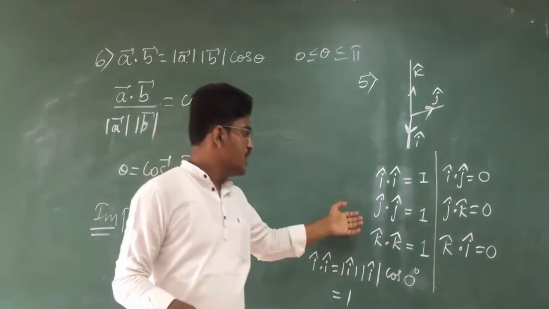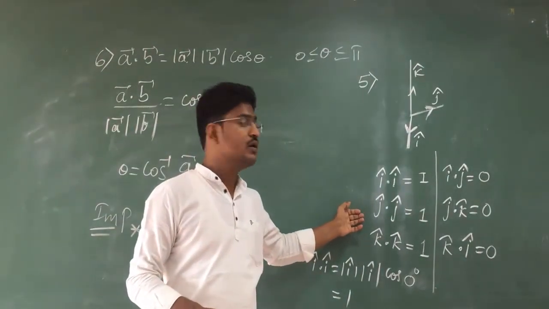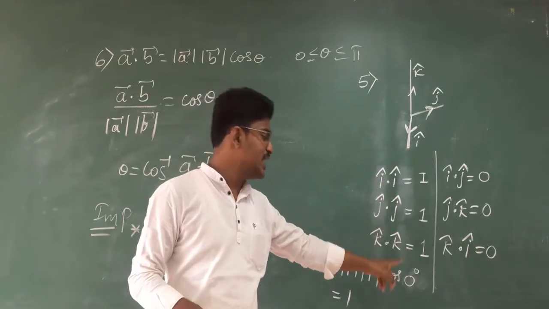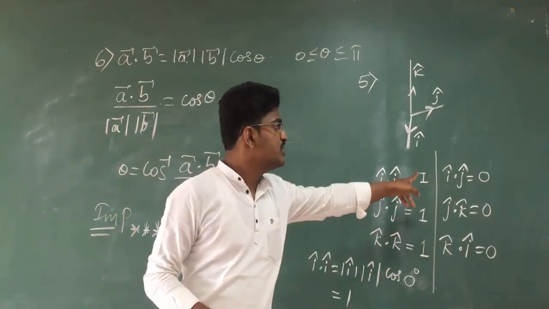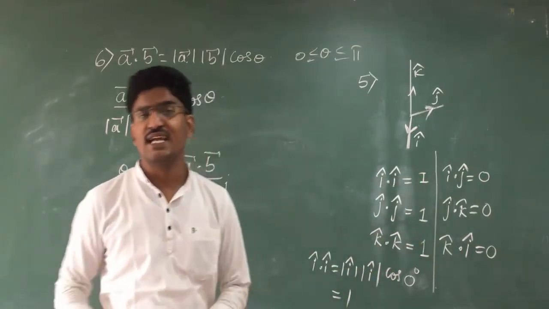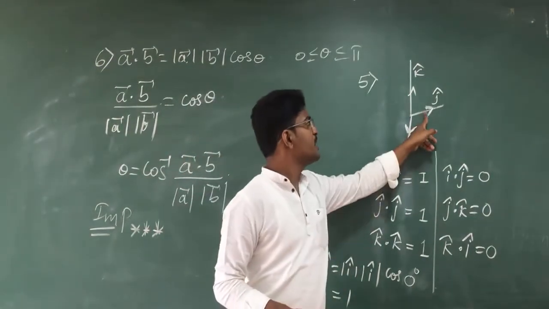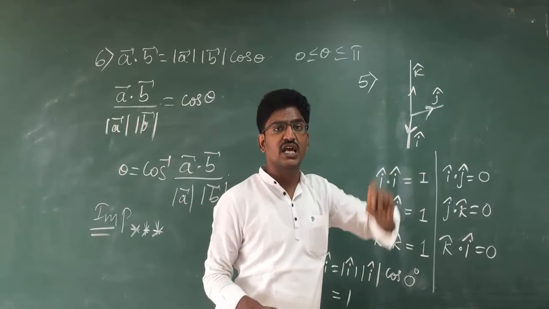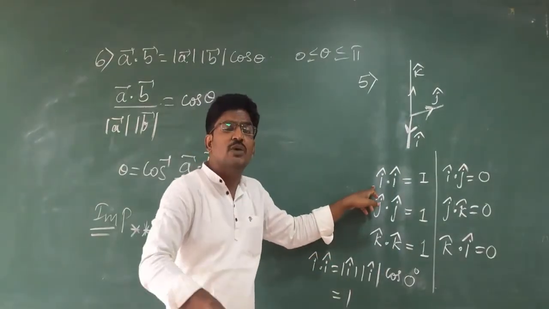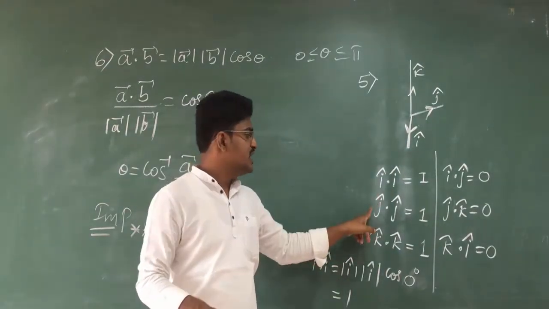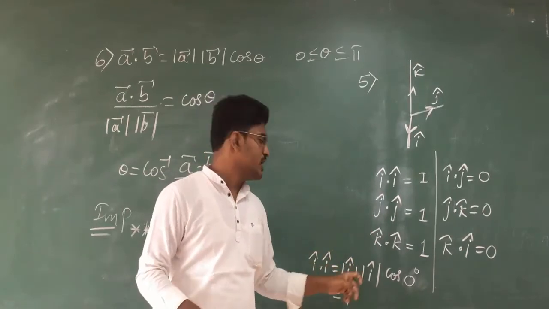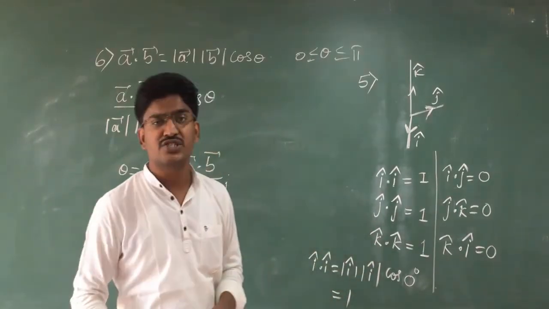Okay, so here be careful. i cap dot i cap, the angle is 0 degree. Clear? Between i cap and j cap the angle is 90 degree because they are mutually perpendicular to each other. So i cap and j cap make an angle 90 degree. i cap itself makes an angle 0 degree. j cap itself makes an angle 0 degree. k cap itself makes an angle 0 degree.